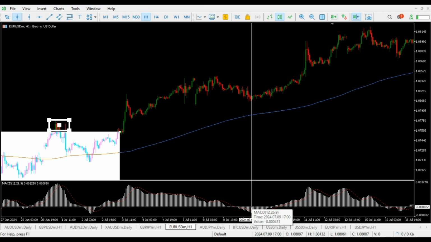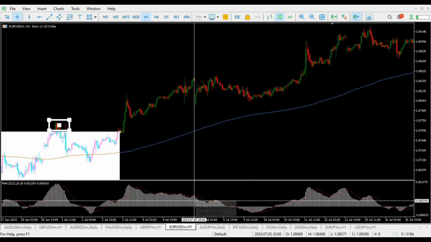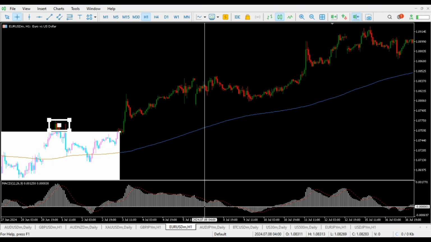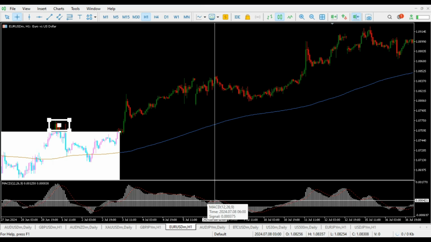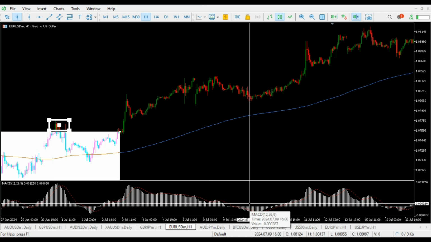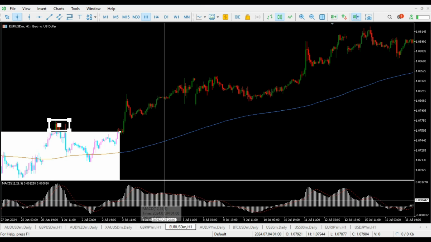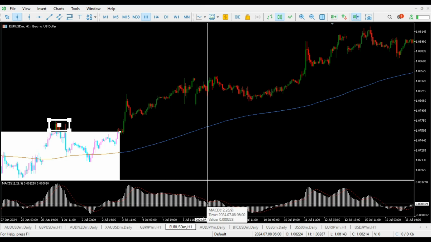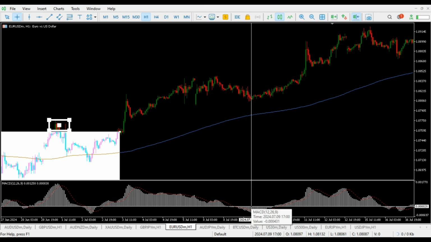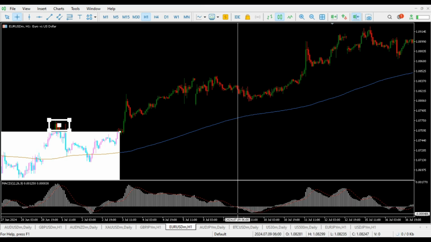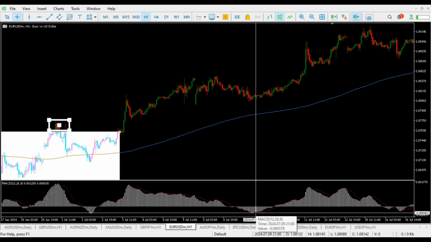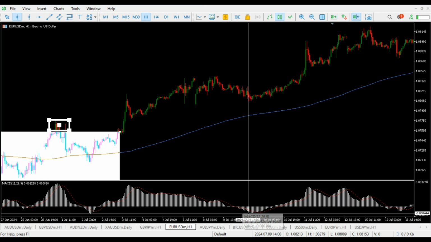When the bars of the MACD are above the zero line, they are positive, and when the bars are below the zero line, they are negative. Positive bars imply bullish in the market, whereas negative bars imply bearish, downward in the market. So the market turned negative, implying this pullback.